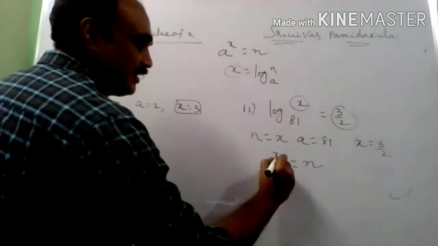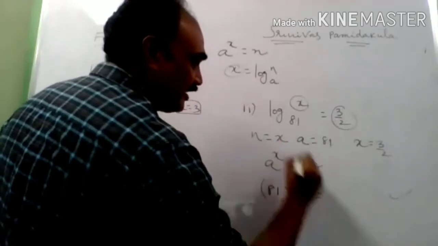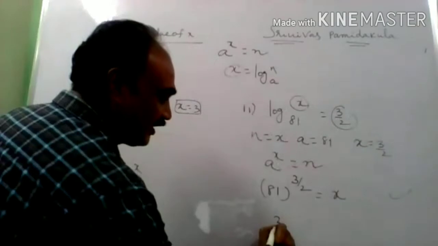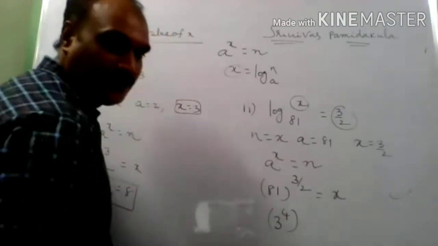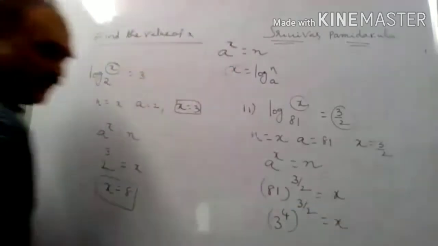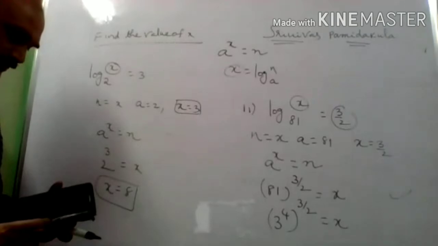Power x is equal, 3 by 2 is equal to n. What is n? N is equal to x. Friends, 81 is equal to 3 power 4. 3 power 4 whole power 3 by 2 is equal to x.